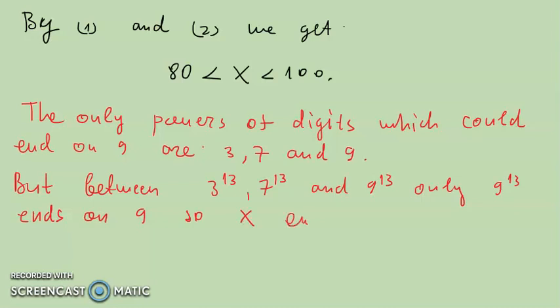So x ends in 9. But it is between 80 and 100, and this implies that x is 89 or 99.